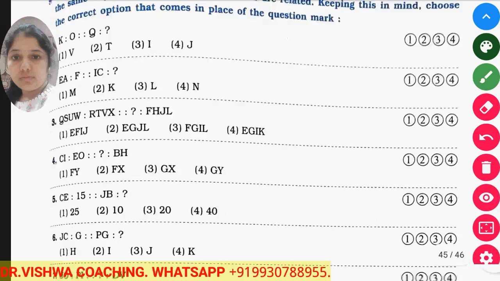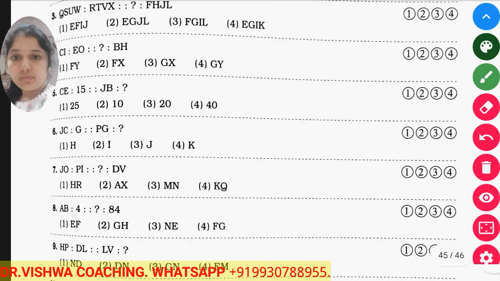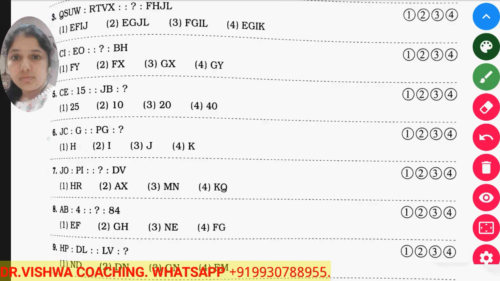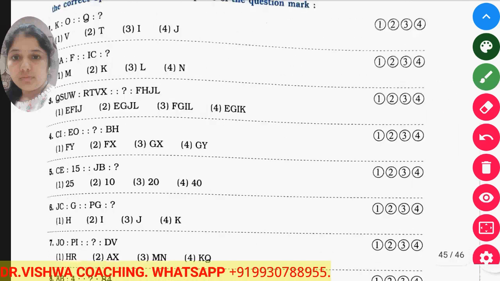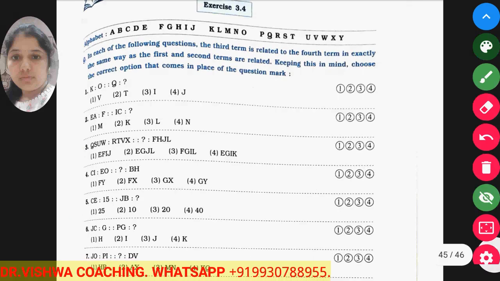Now we'll skip some of them and move ahead. Now see C and E. What are the numbers of C and E? C is at the 3rd position, E is at the 5th position, and it is related to number 15. So simple multiplication is done. You find the numbers for the letters and multiply them so that you get your answer. Again, J, C. What is the number of J? J is at the 10th position.